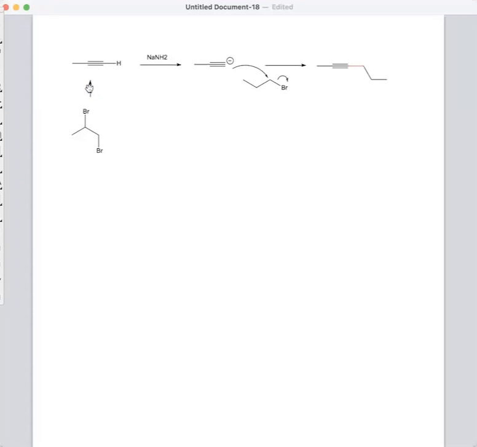A detail we need to keep in mind is that for a terminal alkyne, we need 3 equivalents of the base, because terminal alkynes, as I just mentioned, are quite acidic, so they will react with the base. So we need an extra equivalent to account for this reactivity.